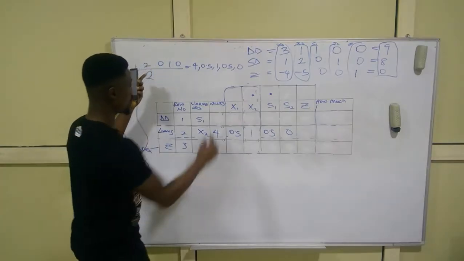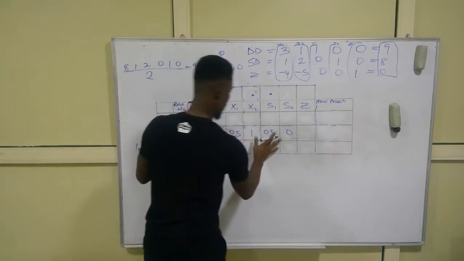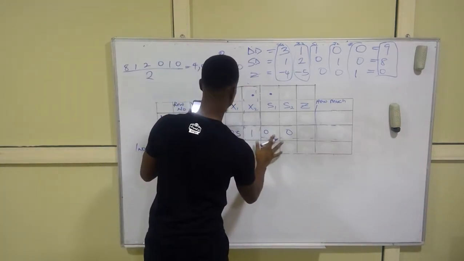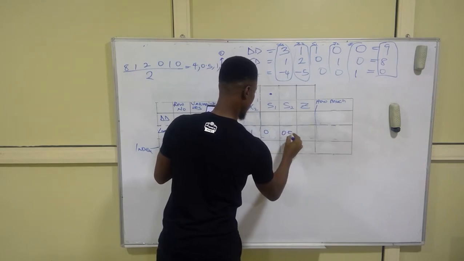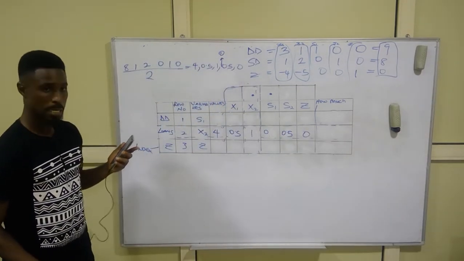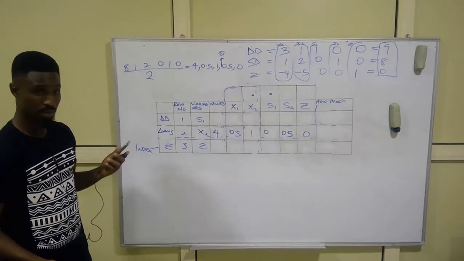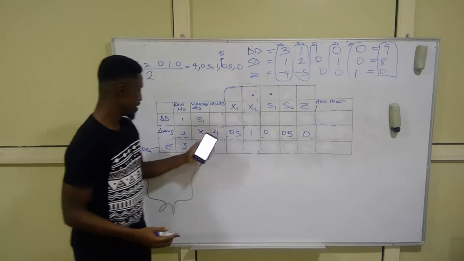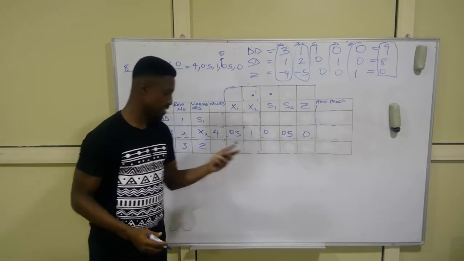We have a 0 right here, and then we have a 0.5 and then we have a 0. It makes more sense, right? So this is 4, 0.5, 1, 0, 0.5 and then 0.